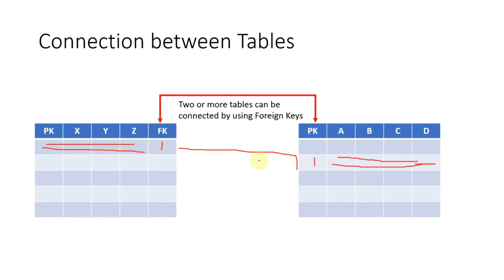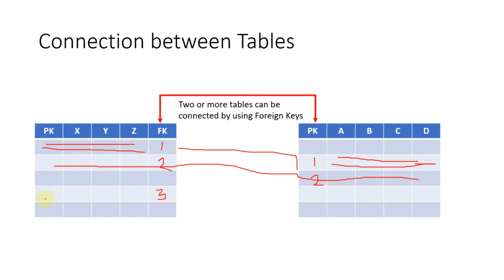So this one record is associated with this one. Let's say here we have 2 and this 2 is present here in the list. So this record will be associated with this one due to the foreign key and primary key. Suppose here we have 3 and there is no 3 in the second table, there isn't any value similar to this one.